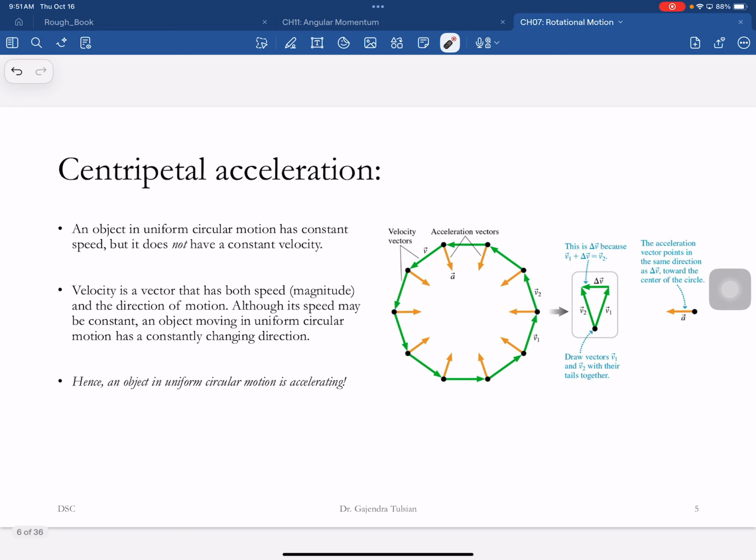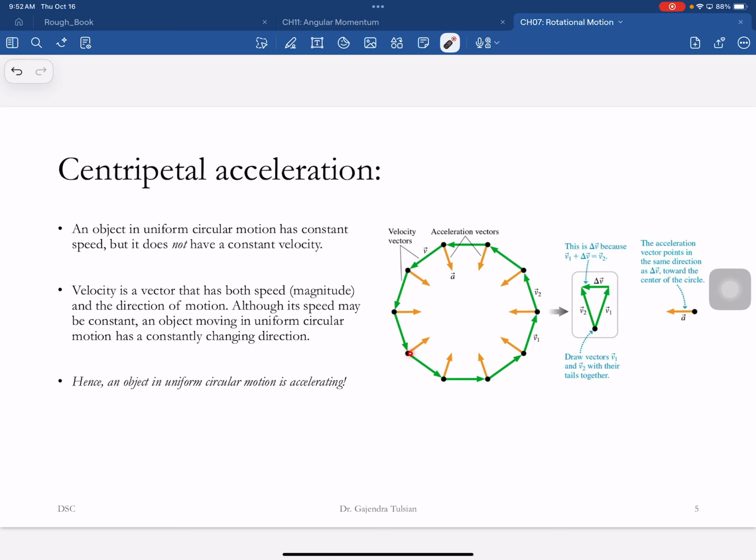Here we go. Again, we're going to go around in a circle. The green vectors are velocity vectors. You see the speed is not changing. The length of the vector is not changing. But the direction of the vector is changing, and so you have a centripetal acceleration. At every point, the acceleration is pointing toward the center of the circle, and that's why it's called a centripetal acceleration.